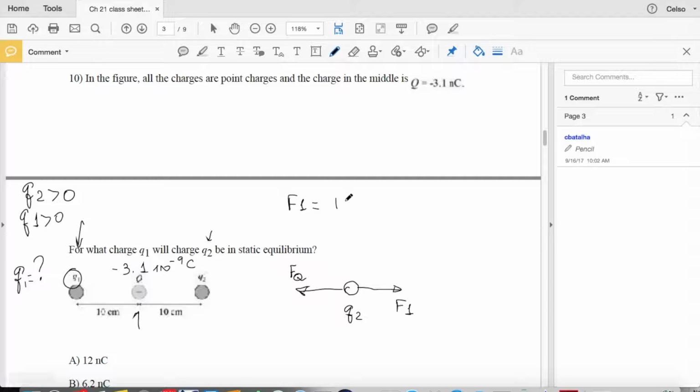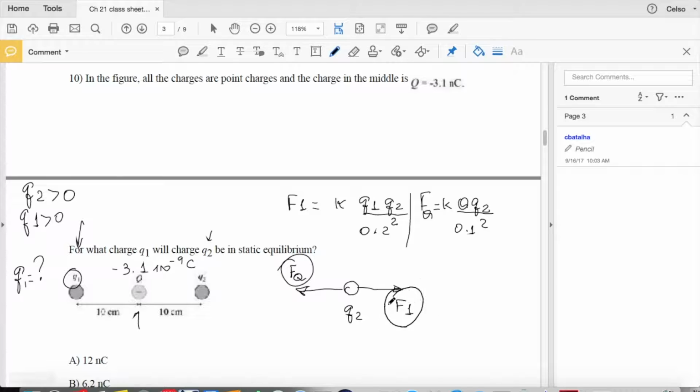So F1 is K Q1, which we want to solve for, times Q2 divided by distance squared, 20 centimeters. And FQ is equal to K times the absolute value of Q times Q2 divided by 0.1 squared. We want these two magnitudes to be the same, in opposite directions, so they cancel out.